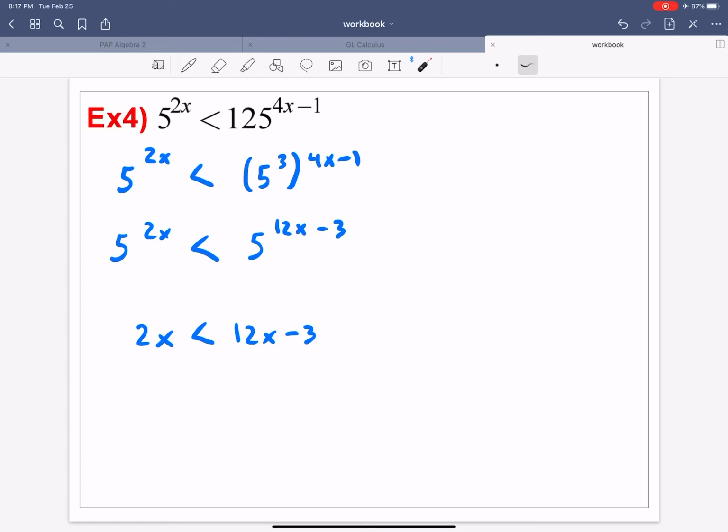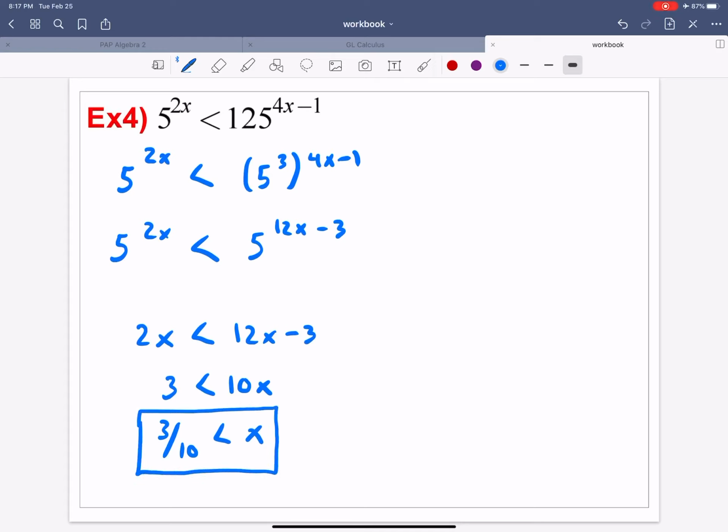So now we're essentially saying 2x is less than 12x minus 3. So you want to group everything together. I'm going to add 3 to the left, and then subtract 2 on the right-hand side, and then divide both sides by 10. You get 3/10 is less than x as our final answer.